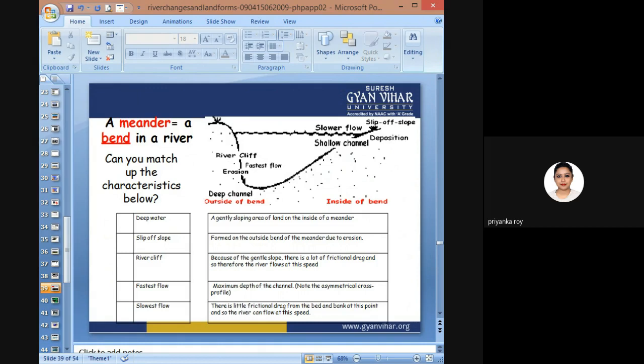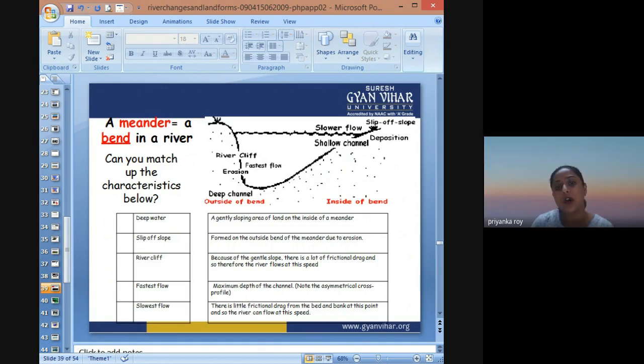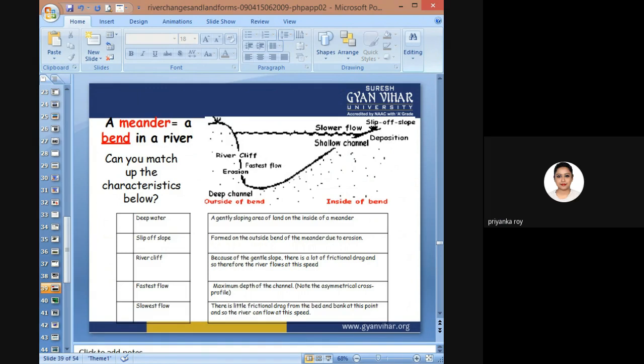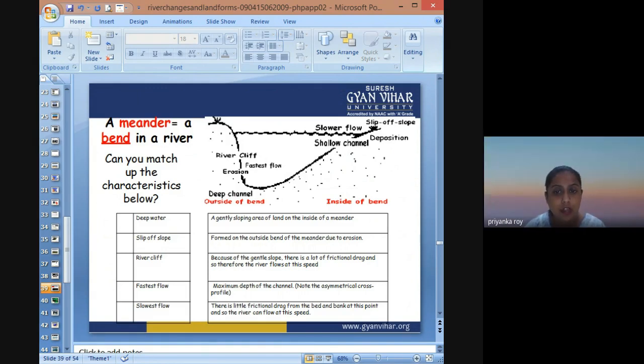The slip-off slope forms on the inside of the bend, while erosion occurs on the outside. Because of the gentle slope, there is a lot of frictional drag, and also there are river flows. Basically, it is dragging all the material along, apart from saltation, suspension and solution.